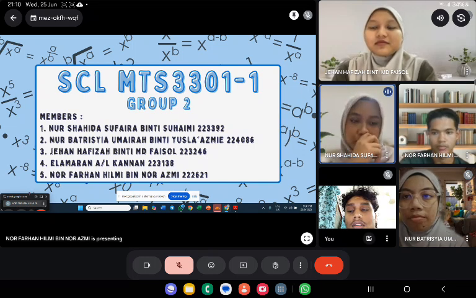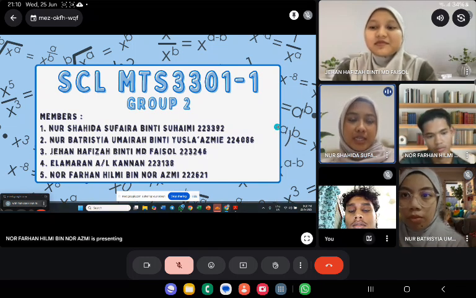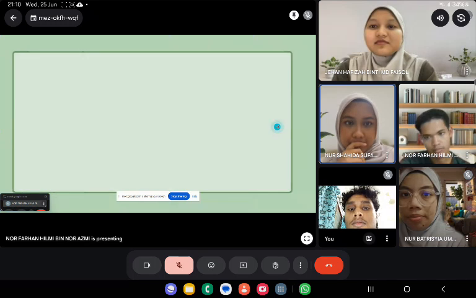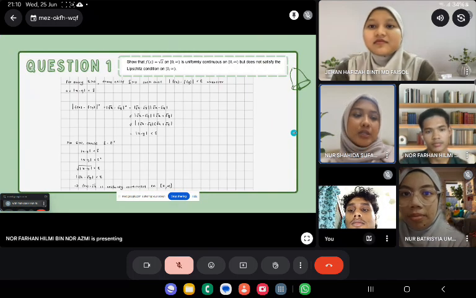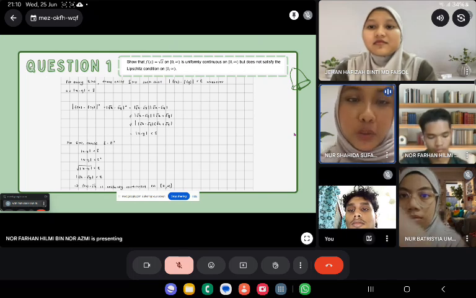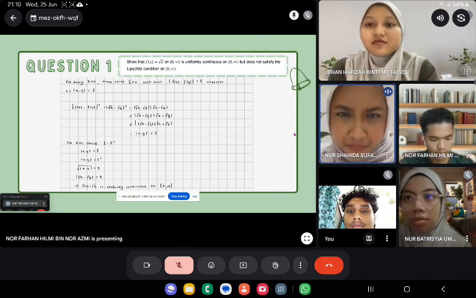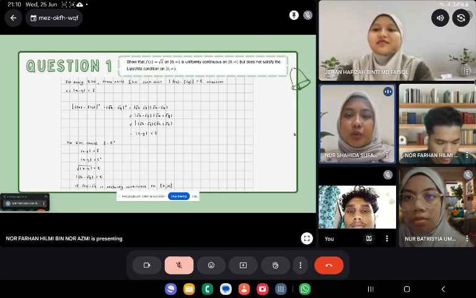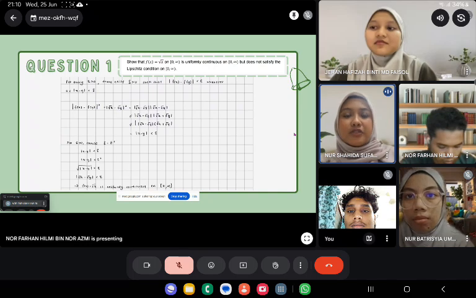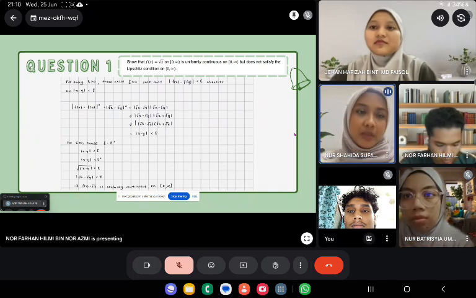Okay, so we're going to proceed with our first question. For the first question, we need to show that the function 1/x is uniformly continuous on the interval from 0 to infinity, but that it does not satisfy the Lipschitz condition.